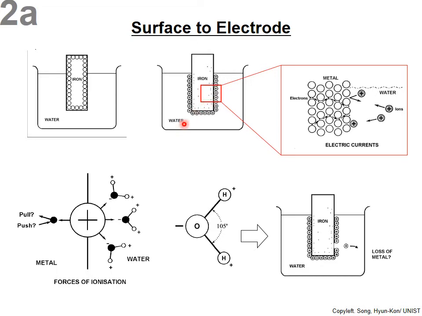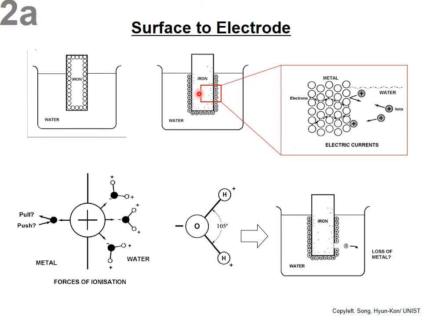Water is not an electron conductor, so the electrons coming from those surface species are not going to the water. Instead of water, those electrons would find some way into the body of the iron bar. So you can find in this picture some dots inside of the iron bar.